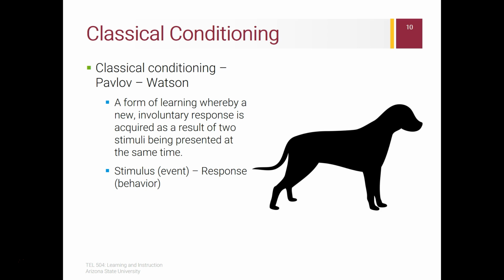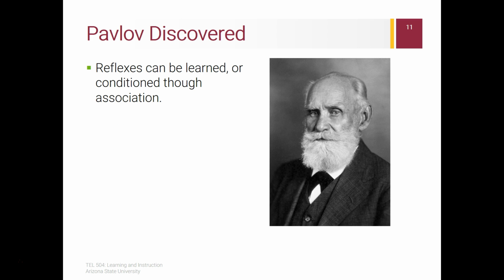So with Pavlov, his stimulus was the ringing of the bell, and he was able to elicit a classically conditioned response, the salivation, from his dogs. So what Pavlov taught us was that reflexes can be learned or conditioned through association. By that pairing closely in time of two things, a conditioned response can be elicited.